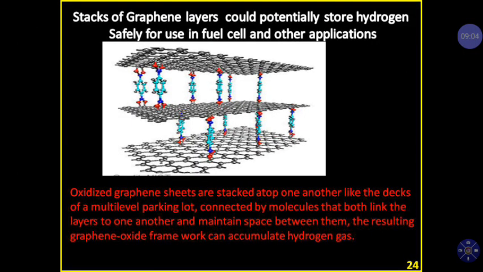Oxidized graphene sheets form discs as shown in figure.